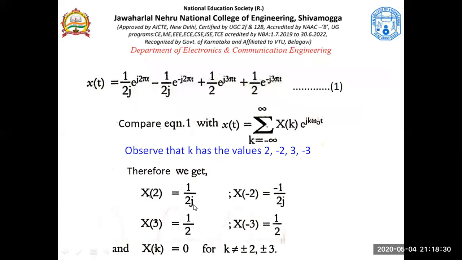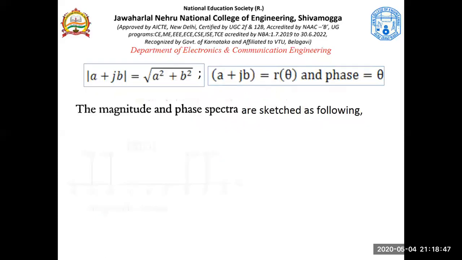You can take 1 by 2 as b. A term is missing in these two. The real term is not there, only the imaginary term is there. Take the number, so the square root of the square of that would become half for both. That's why it is this.